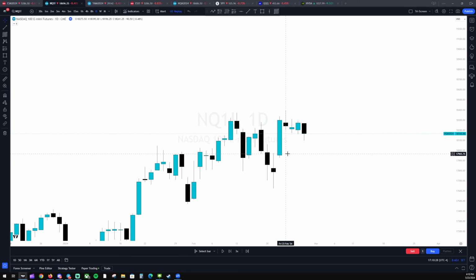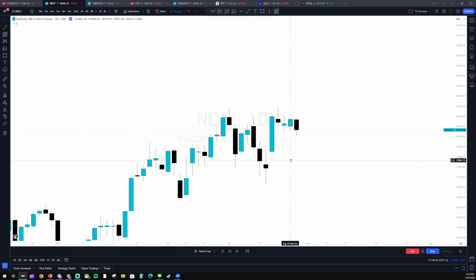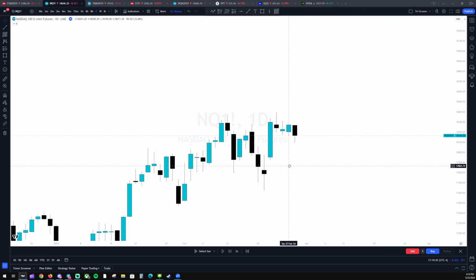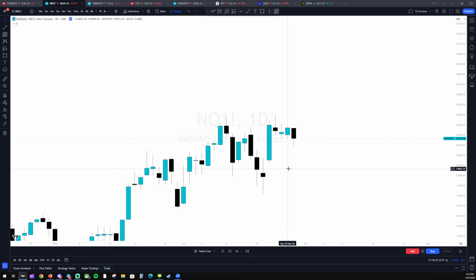If you look back, yeah, we have inside days every now and then, right? But most days, we either take a previous day low or a previous day high. This is a little thing that I kind of discovered. Other people have caught on to it too, but it's just a little trick, and it can give you an idea of at least one target to go to every single day.